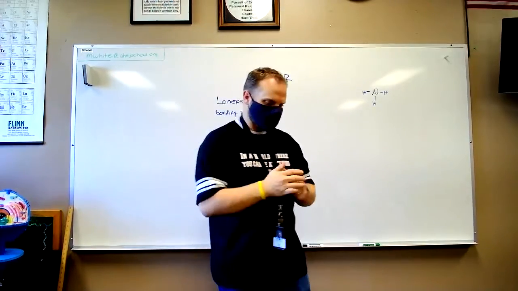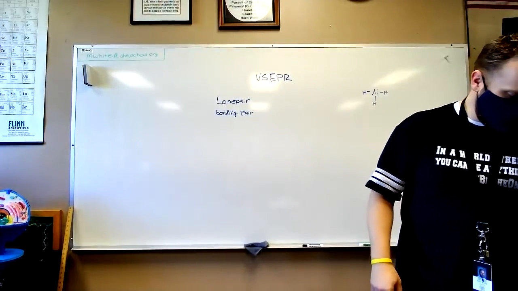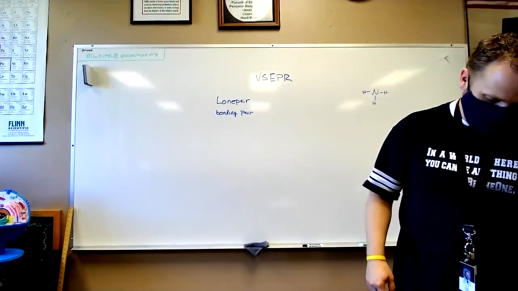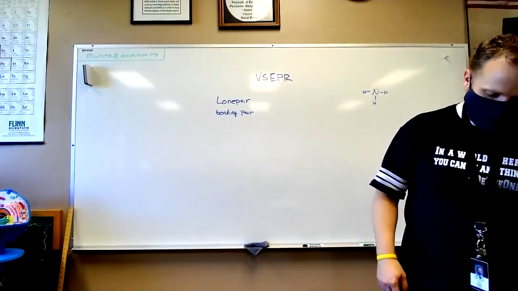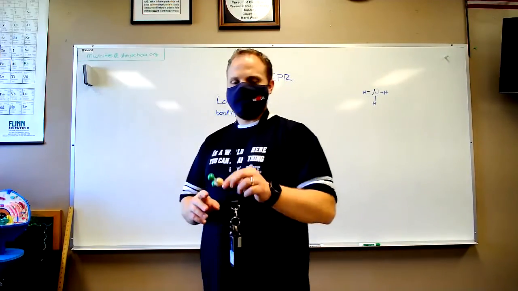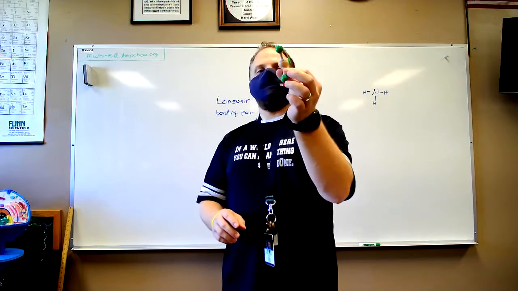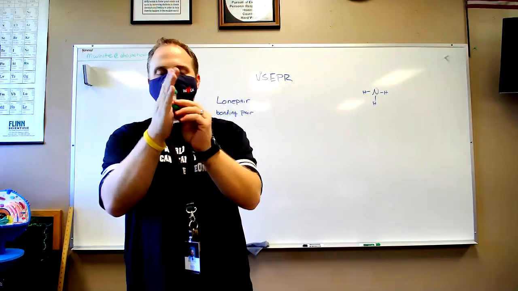Then we get aluminum trichloride. That has the wonderful name of trigonal planar, which looks like this. Planar because it's in a plane, they're all in the same plane.